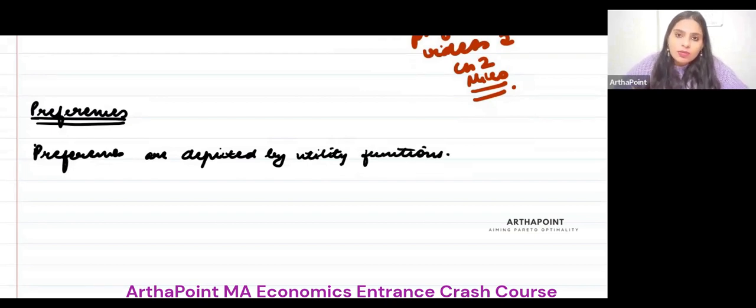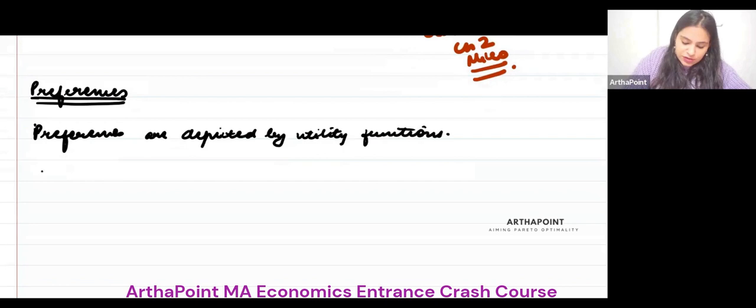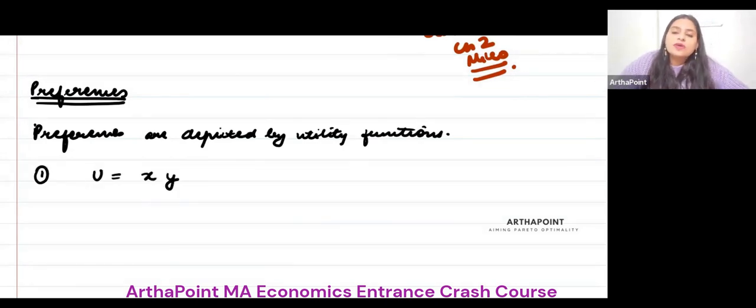So when we talk about preferences, we want to go ahead and study the different kinds of utility functions. The first kind of utility function that we have is U = x into y. A general format of this utility function is U = x to the power alpha, y to the power beta.